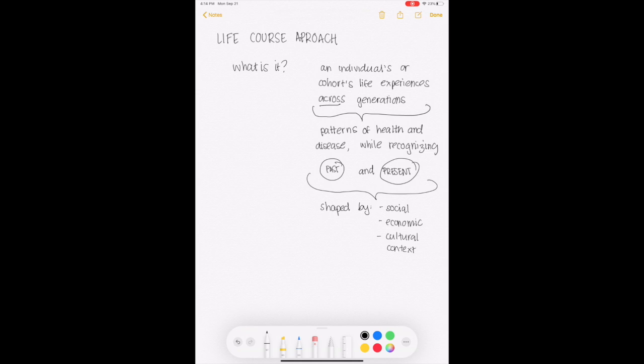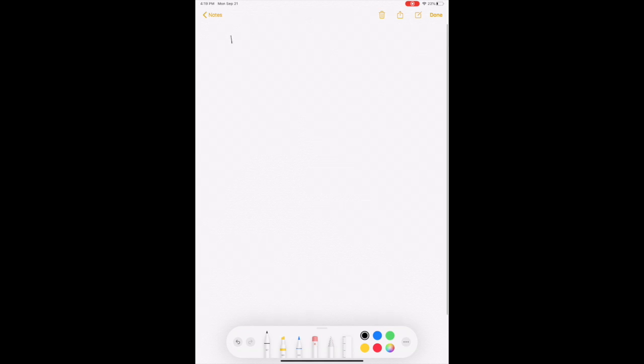If this is sounding somewhat familiar, that's good, because last week we covered the ecological model. The ecological model put a lot of emphasis on social and economic cultural context, whereas this life course approach highlights the impact and importance of life experiences across generations.